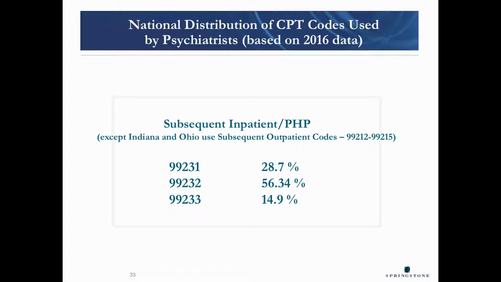So what about follow-up visits? Well, again, based on 2016 data, you can see what the follow-up visits are. About half of your visits, or a little more, are at the middle level, 99232. About 28% are 3.1, and only about 14 or 15% are at the highest level, 3.3.